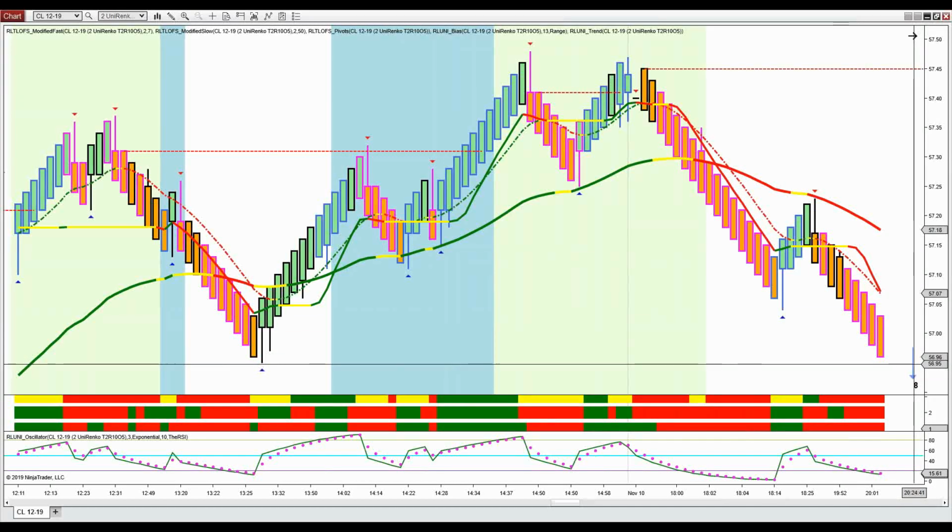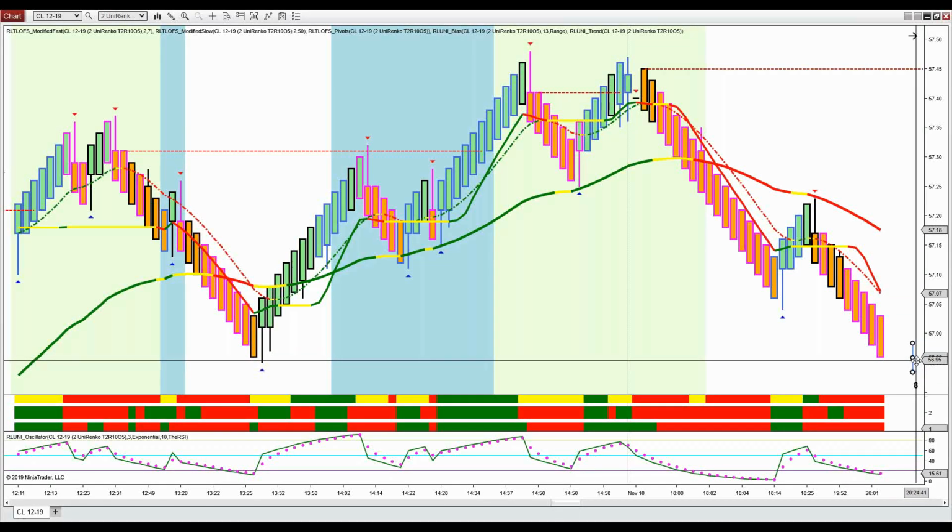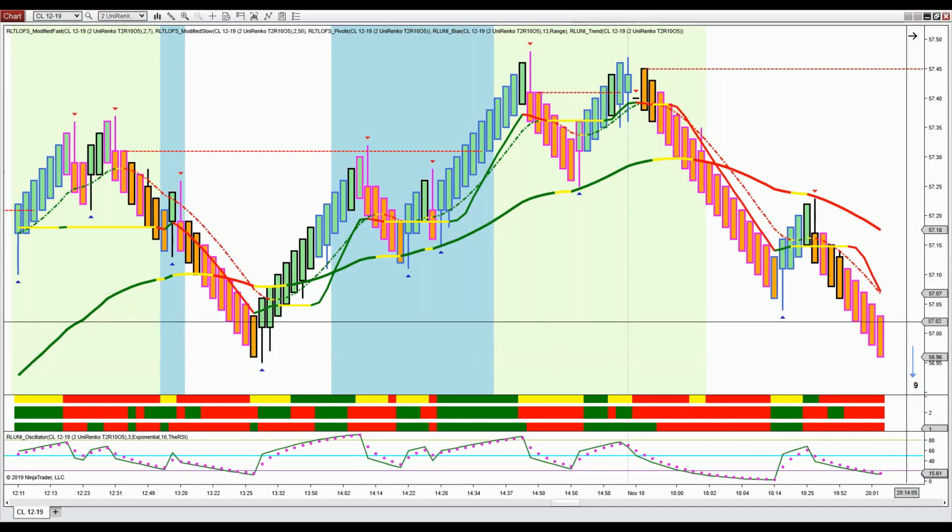So what we do is we have a volume threshold. Unless there's a certain amount of contracts crossing per minute, it's got to be 500 contracts crossing per minute on crude. If there aren't, it will not take a trade. It's 400 contracts crossing per minute on the NASDAQ.